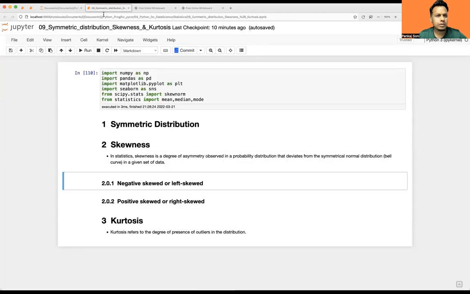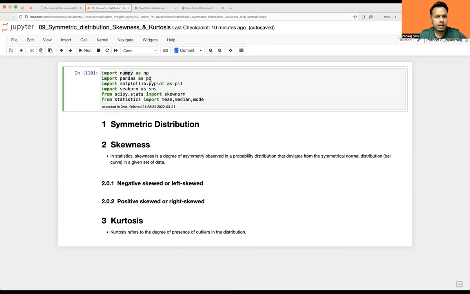Let me show how we can visualize this using Python. As usual, I'm importing NumPy, Pandas, Matplotlib, Seaborn, and there are two extra libraries which will help us generate skewed data. There are other ways also, but there is a direct function. With the help of the function, let's generate and plot it. SciPy stats: if you are using Anaconda, SciPy will definitely be installed.